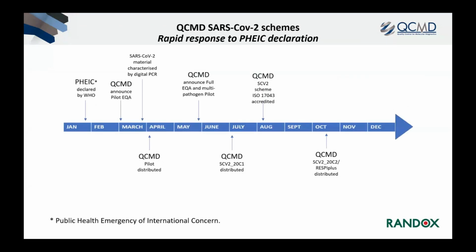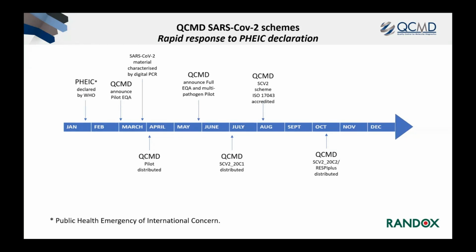Yeah, the next slide. I just wanted to put a timeline in here just to highlight how things have progressed over the year. At the end of January, the WHO declared the public health emergency of international concern.